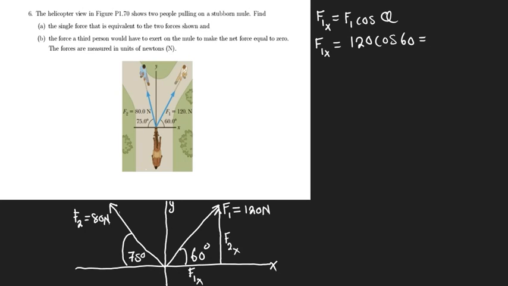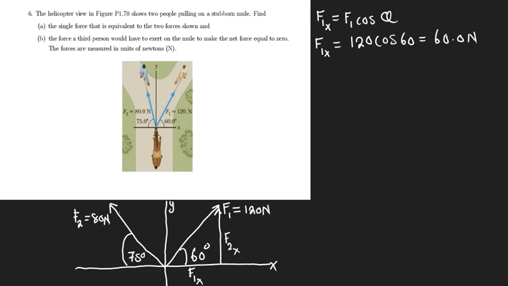So this is just 120 cosine 60 degrees. So we are getting 60.0 newtons.